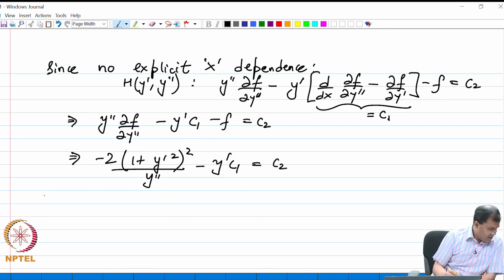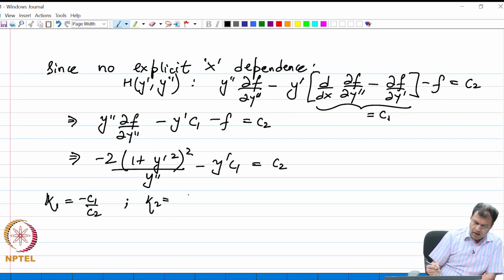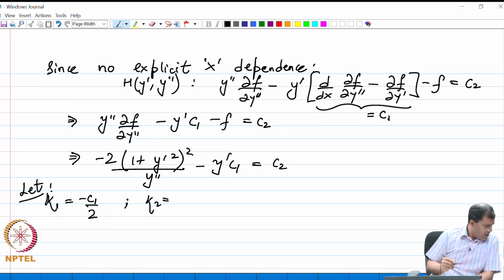Let us now introduce two new constants. The more convenient constant will be kappa 1 equal to minus C1 by 2, and the second constant, kappa 2, to be C2 by 2.